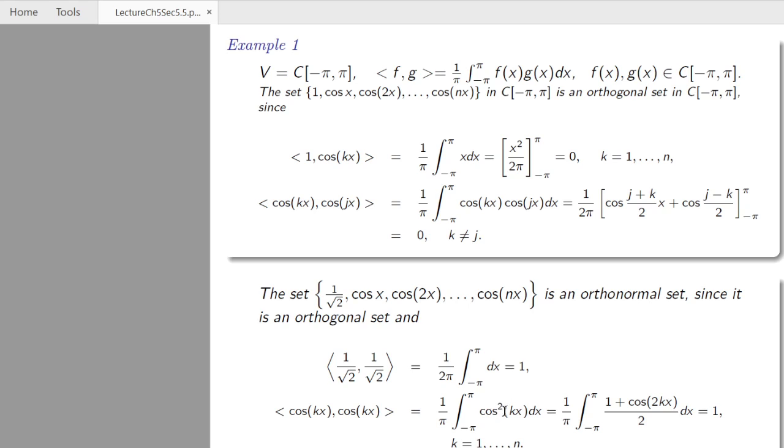Cosine square kx equals 1 plus cosine 2kx over 2. And then for this function, we can easily find its antiderivative. And actually, we can say this integral here equals pi, so the whole value, or the norm of cosine kx, equals 1. So put together, we can say this set is orthonormal.